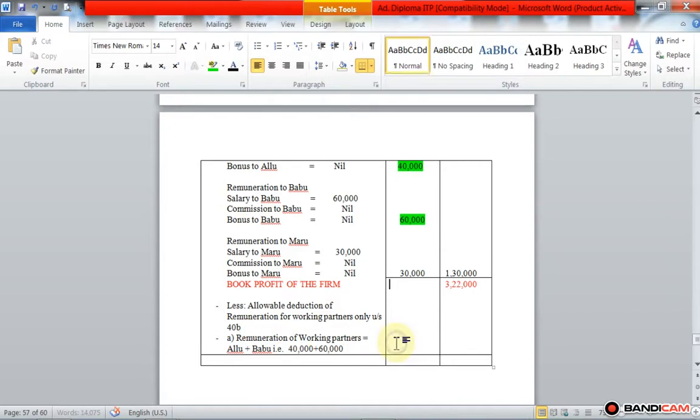So total remuneration given to both working partners amounted to rupees 1 lakh. 60 plus 40 is equal to 1 lakh.